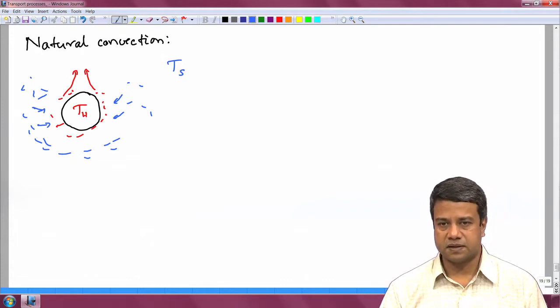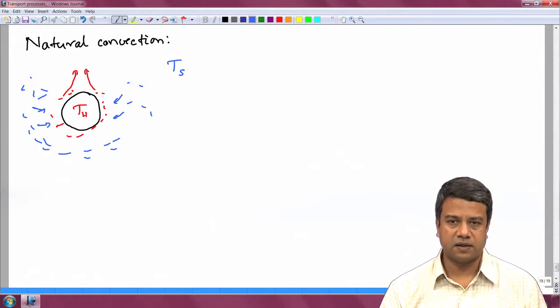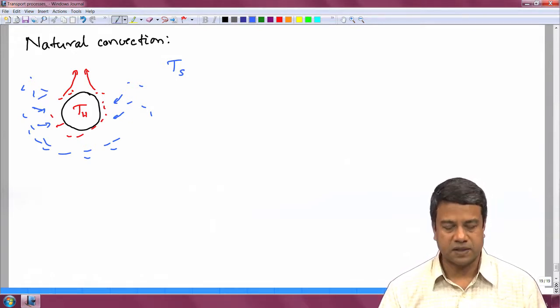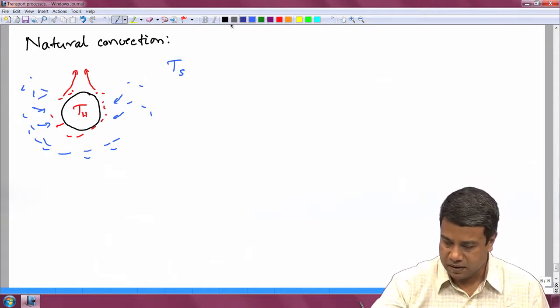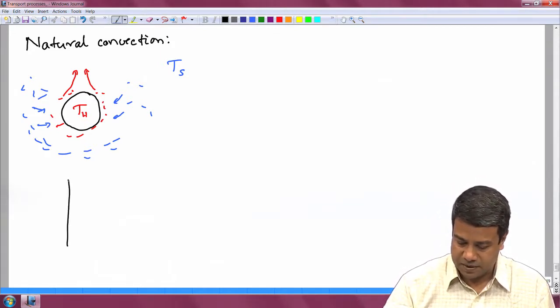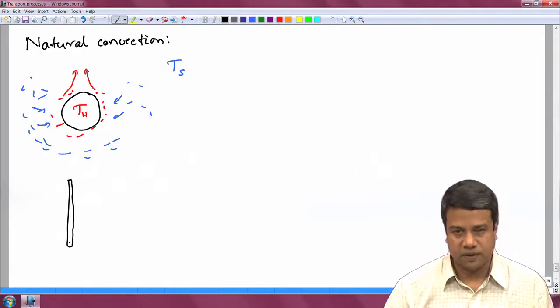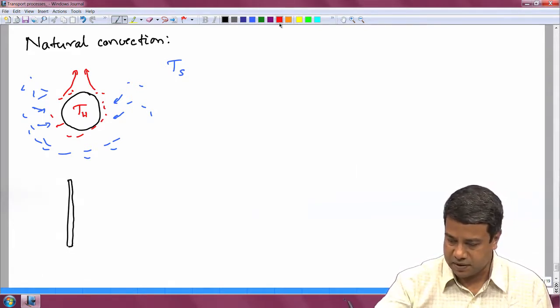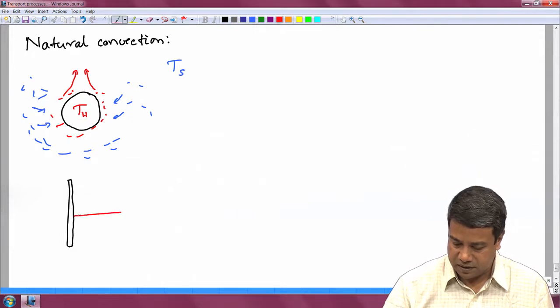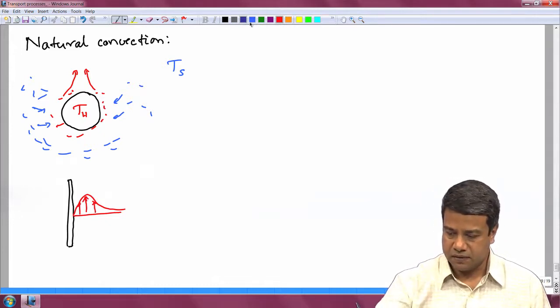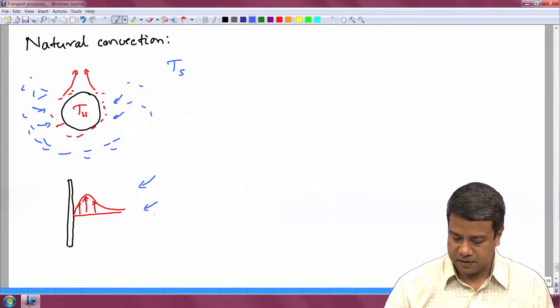In fact, this is the primary mechanism of cooling in air of hot objects or hot fluids, typically used either as an object of this kind with a certain diameter or just a flat plate, which is heated, a fin if you will, which has significantly higher temperature, and therefore, you generate a velocity field close to the object which carries away the heat, and then you have fluid coming in from far from the object.